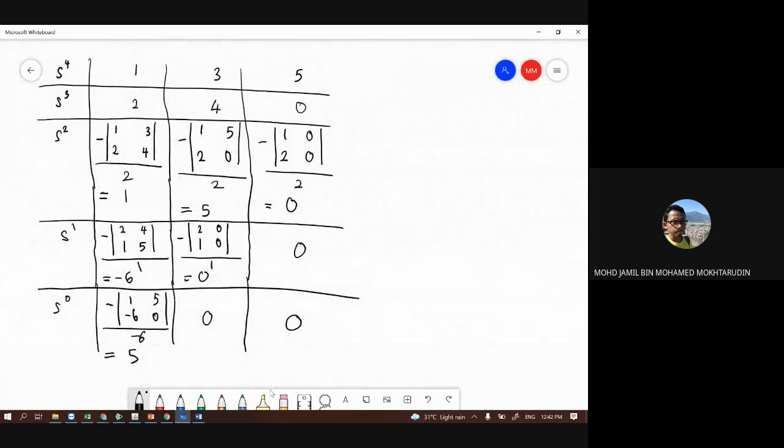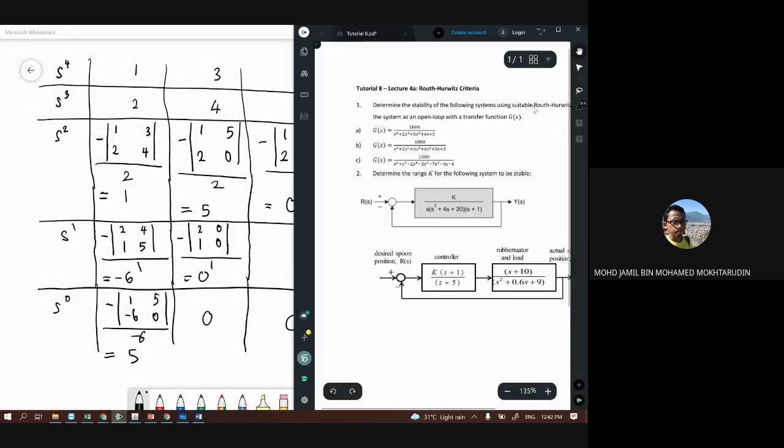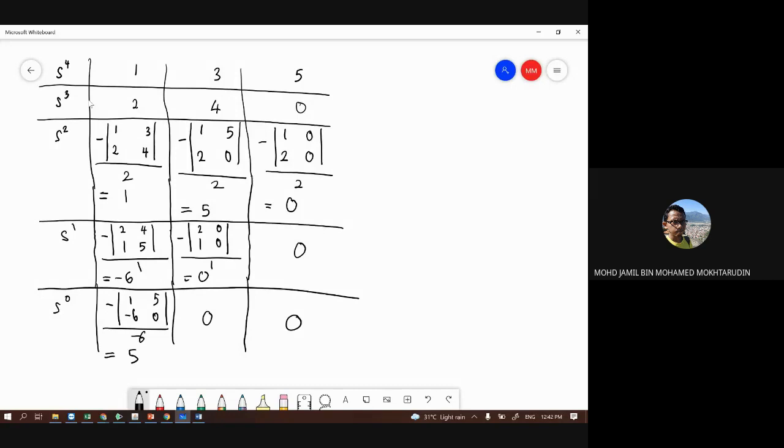Then the next step, based on the question, is to determine the system stability from the Routh table. So we need to interpret. To interpret, we look at the first column and look for any sign changes. From row S4 to S3, no sign changes, because positive to positive.